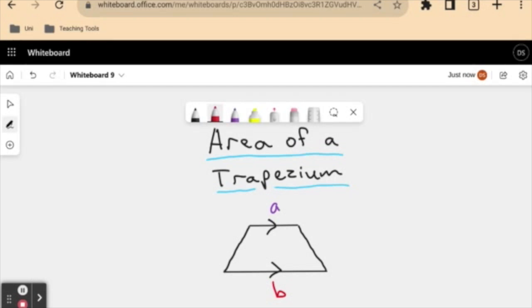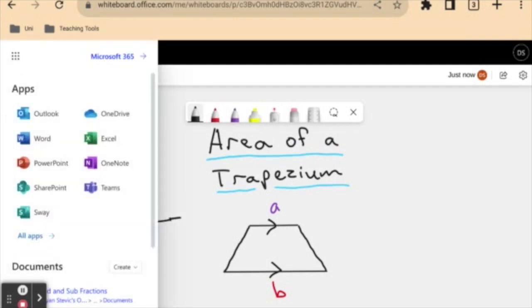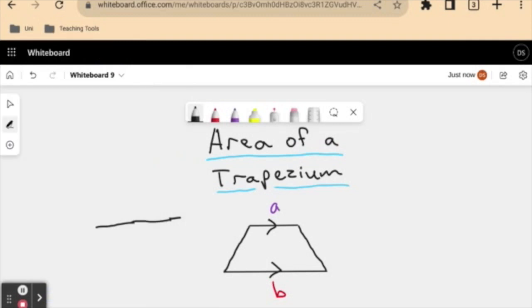Now, that seems kind of weird, but just indulge me for a minute, and you may start to get some ideas, I'm hoping. But I'm going to draw this same trapezium, and I'm just going to flip it upside down. So it's going to look something like this. I'm going to have the longest side up here and the shorter side here.